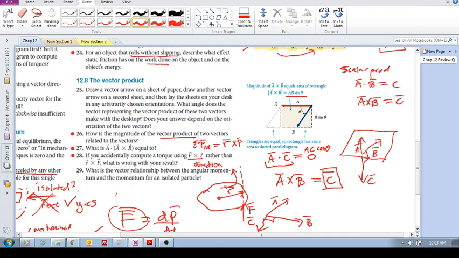So your fingers are going to curl in that direction, and in this case your thumb will come out of the page. But if you say F cross R, then it means that you're going to go in the direction of F and then curl your fingers in that direction, which means that your thumb will go into the page. So you'll have the right magnitude, but you're going to have the wrong, opposite direction.